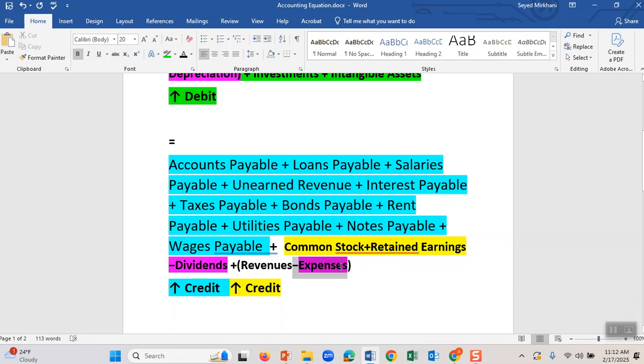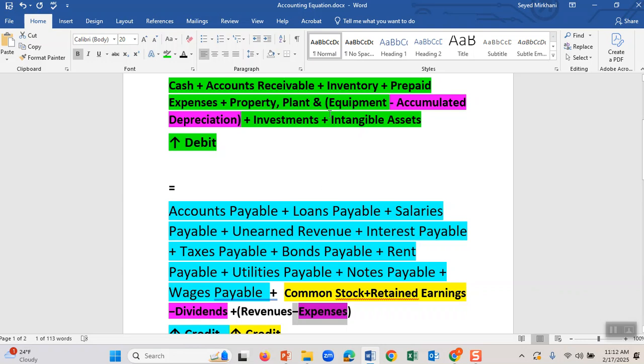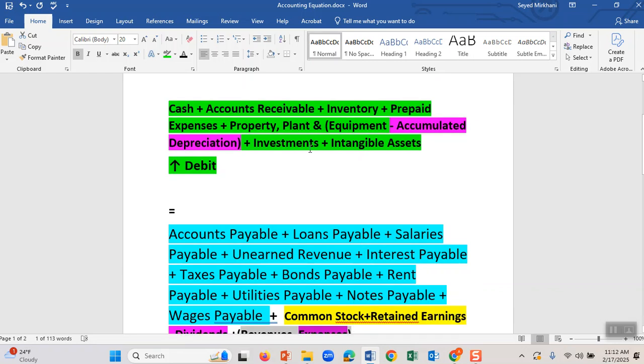These expenses were supposed to be here in the green one and have a plus sign, but the accountants intentionally brought it here to put it next to revenues, which is a very good idea because it shows when she made $200, that is what she made, but this damage to the $200 brought it down. Therefore, they put these together. And now, as you all know, we said that anytime these green ones go up, that is a debit.